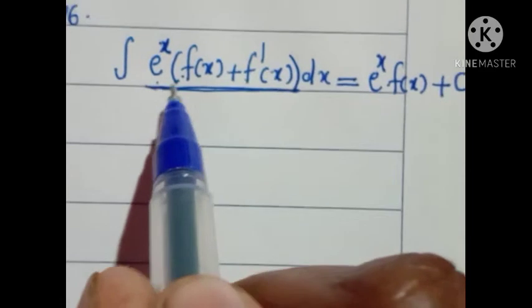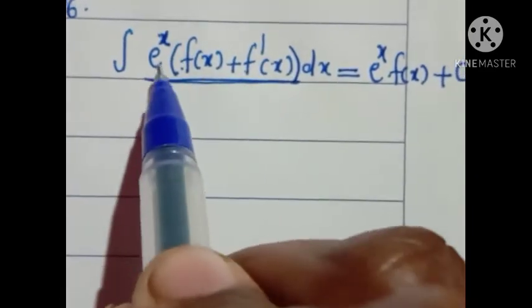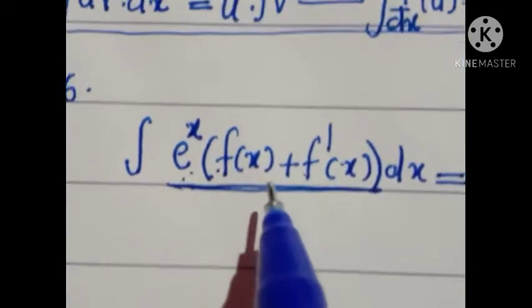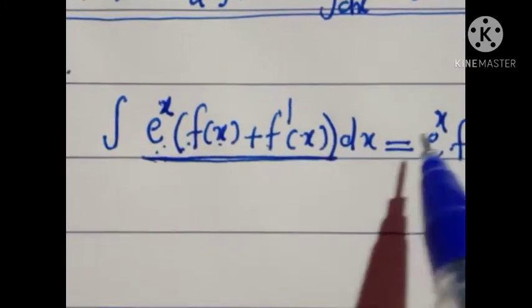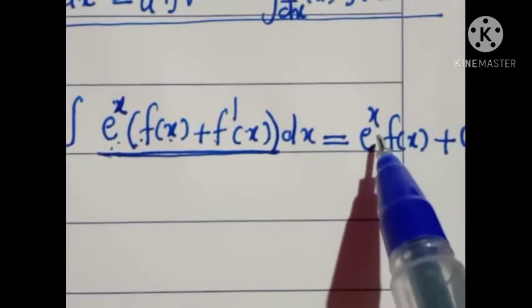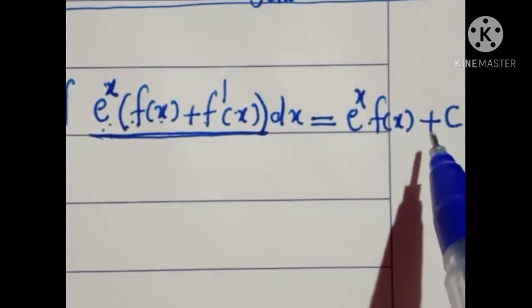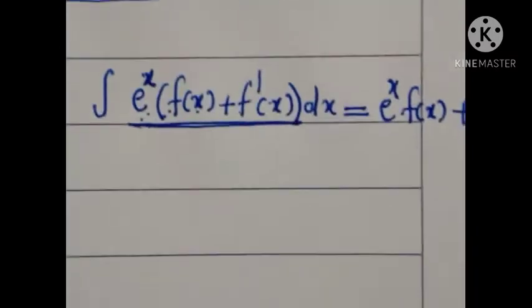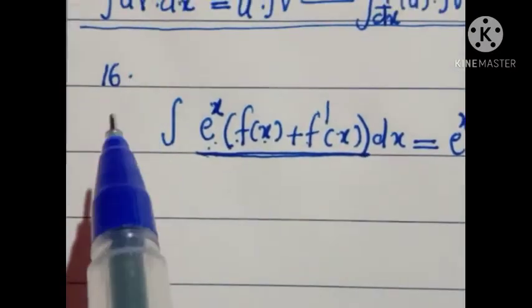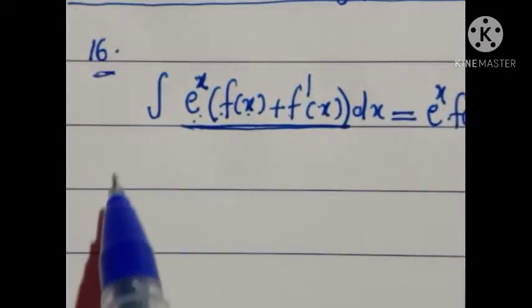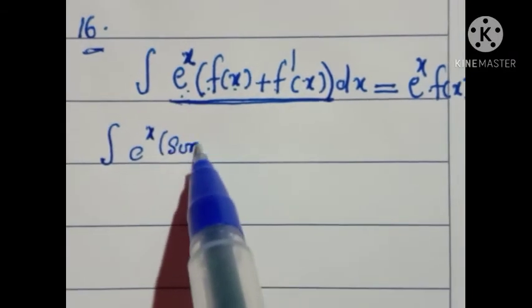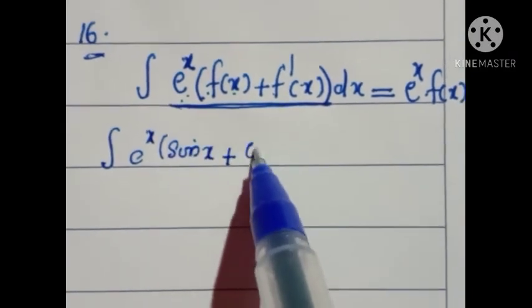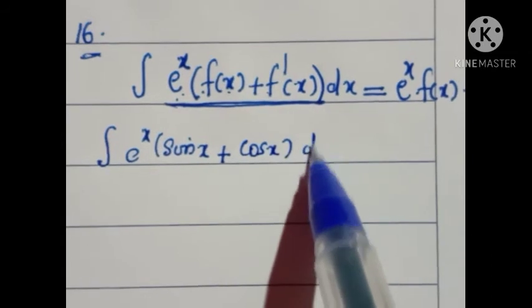So listen, if the integrand is of the form e raised to x into f of x plus its derivative, then its integral is e raised to x into f of x plus c. Let's see question number 16. Integrate e raised to x into sin x plus cos x dx.